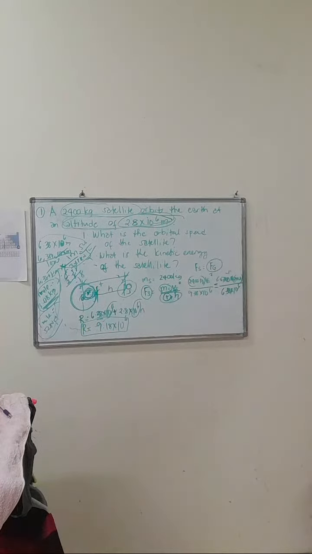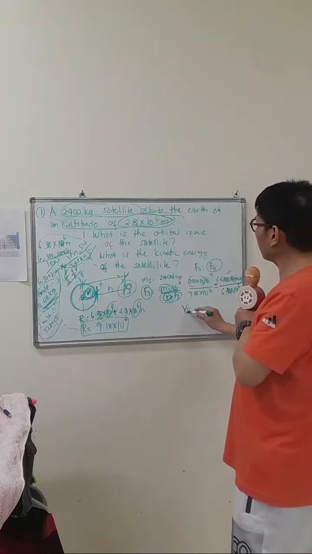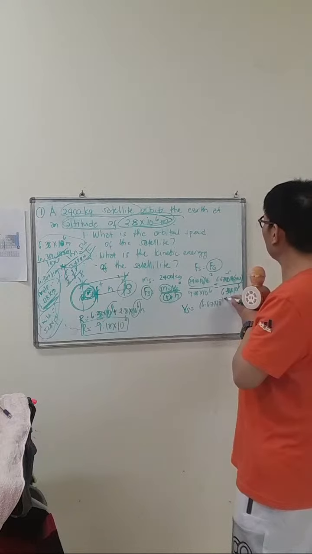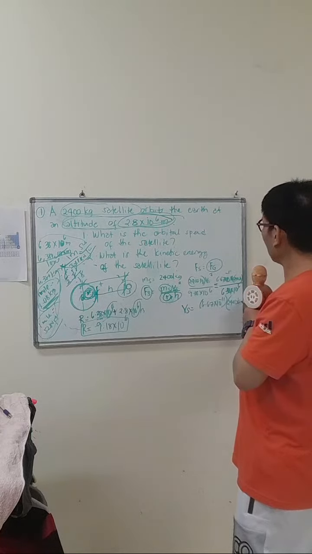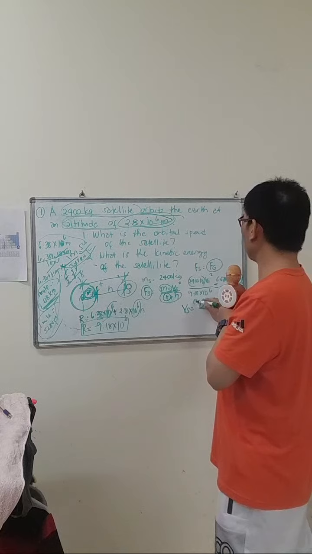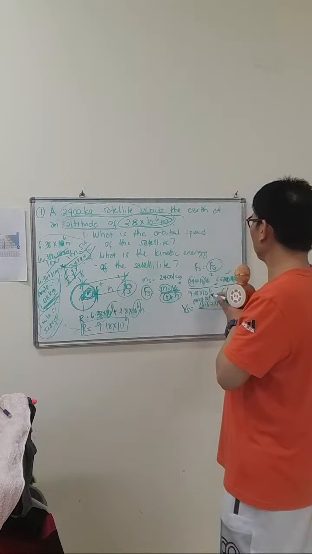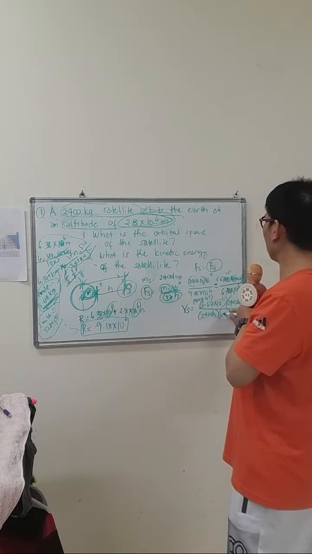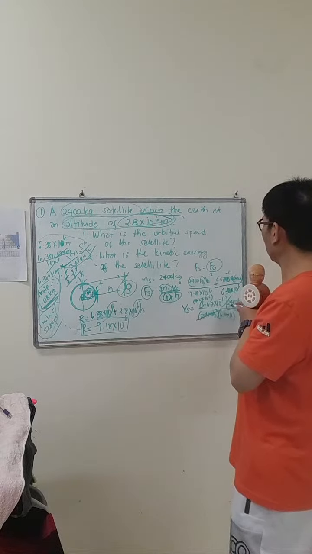Then velocity squared equals, by cross multiplication, 6.67 times 10 to the negative 11 times the mass of the satellite, 2,400 kilogram, over times 10 to the 18, and then over the mass of the satellite over 6.38 times 10 to the 6. The mass of the satellite will be cancelled because it's the same figure.